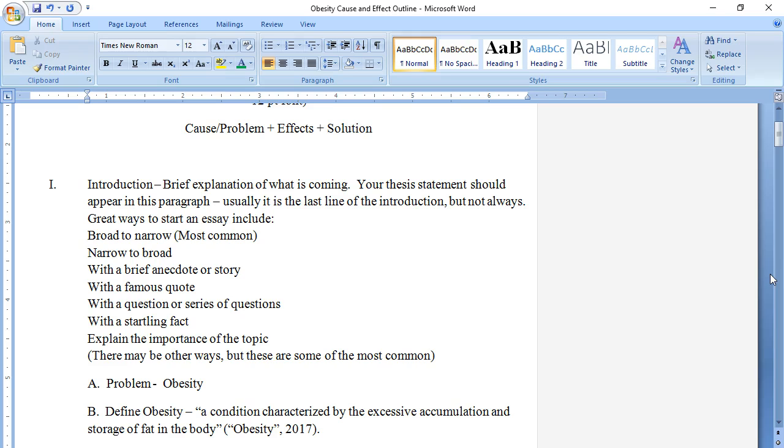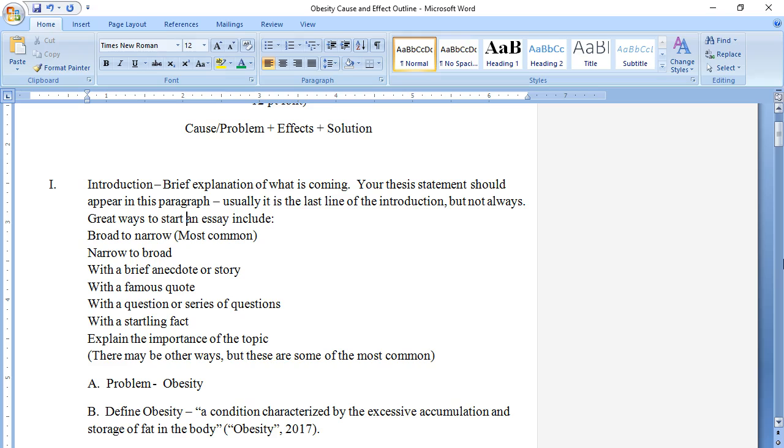That's one way. Another is to start narrow and then broaden out. A way to do that would be perhaps with a story where you actually talk about a specific case. Maybe Jenny went to the doctor because she was having chest pains and so on. And after running several tests and being in the hospital for 6 hours, Jenny learned that even though she's only 25, she is suffering from heart disease.